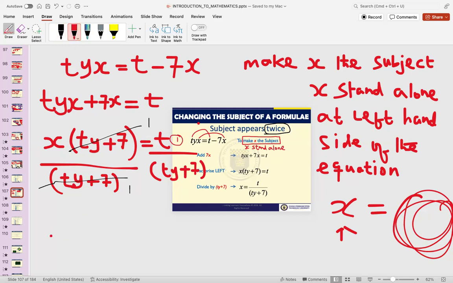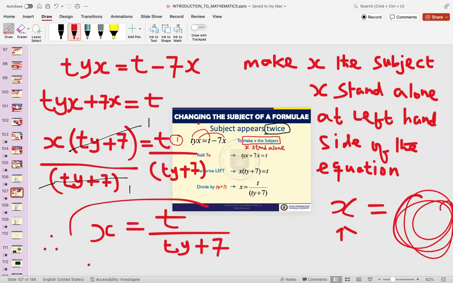So therefore, X can be written as the right-hand side, T divided by TY plus 7 as our final answer.